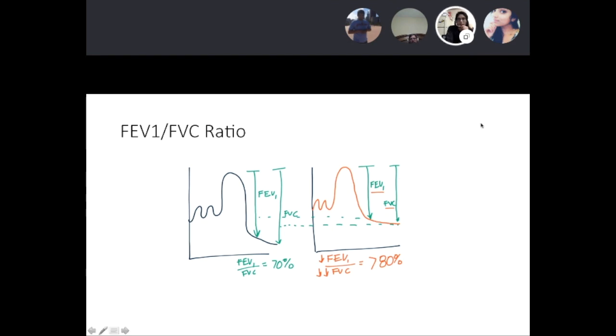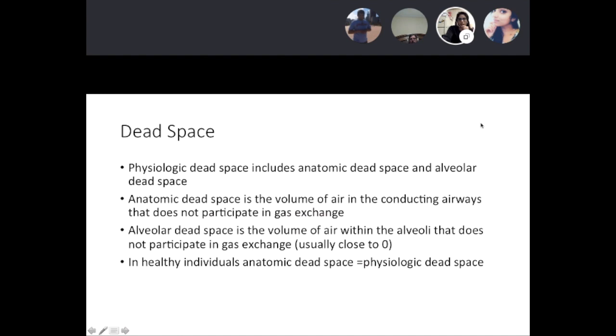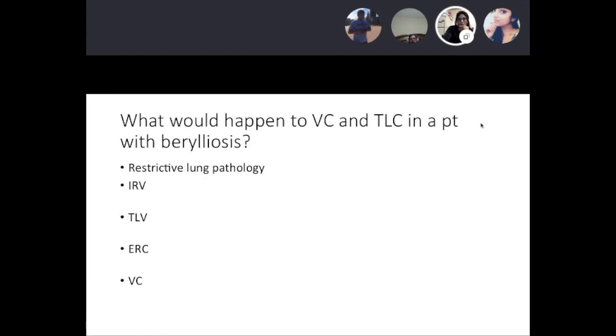Okay, so now to apply this. What would happen to the vital capacity and total lung capacity in a patient with pneumoconiosis? So pneumoconiosis is what category of lung disease?